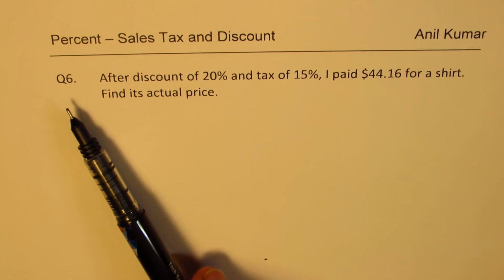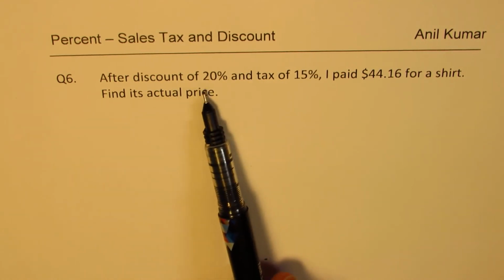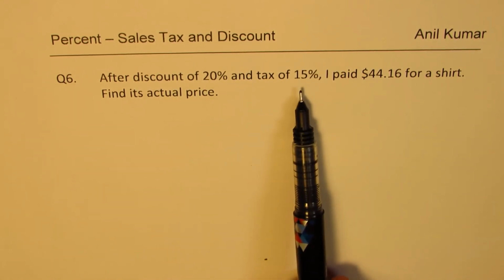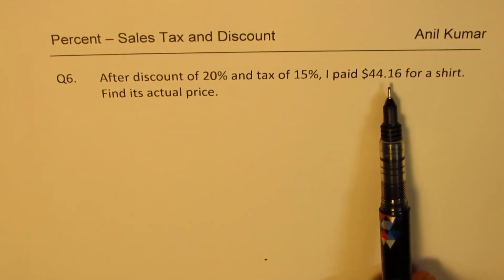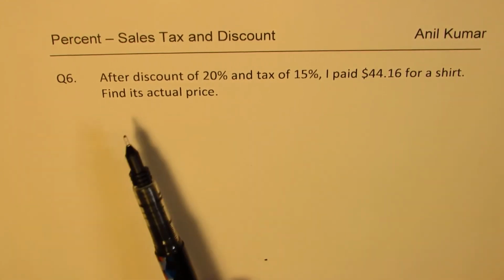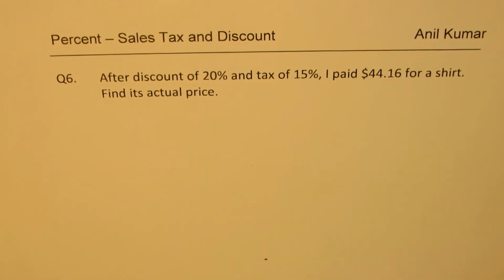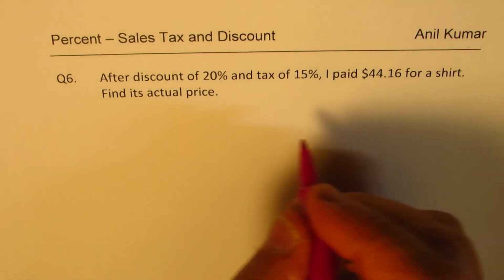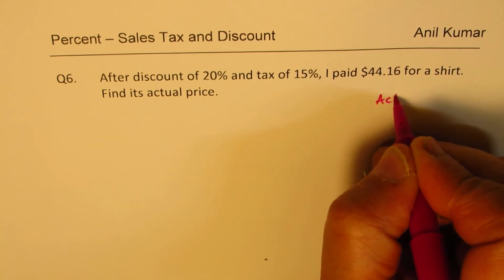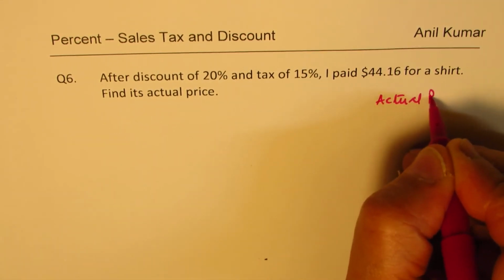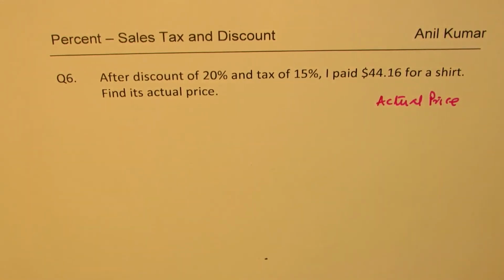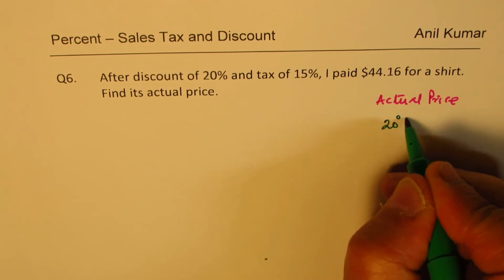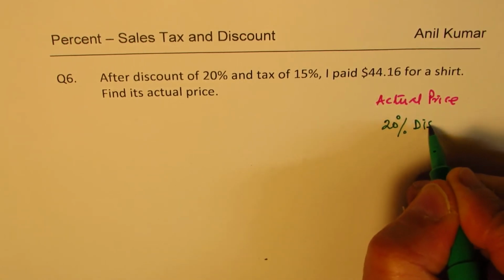Question number 6 here is, after discount of 20% and tax of 15%, I paid $44.16 for a shirt. Find its actual price. All right, so we have actual price right there. On actual price, we'll have a 20% discount.